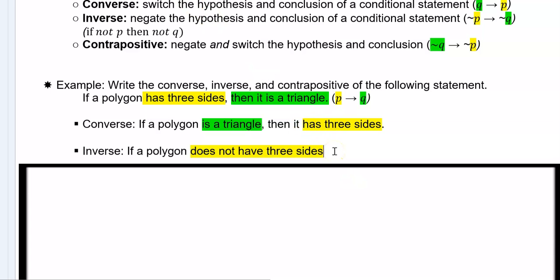So if a polygon does not have 3 sides, then it is not a triangle. So all I did was add in that word not to make it negative.